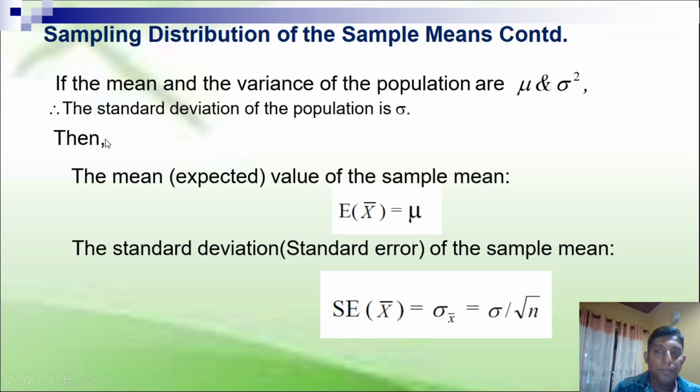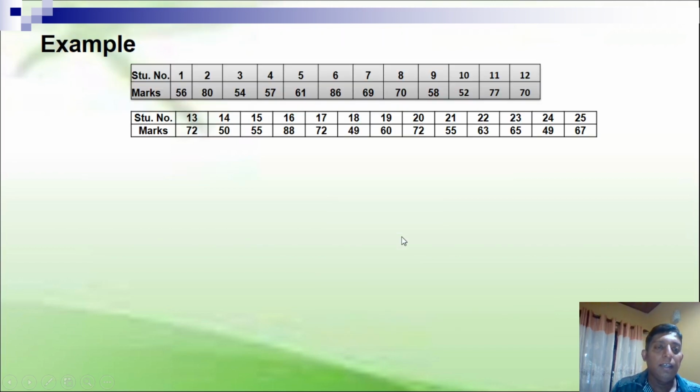Now when we go back to here, they indicate that the mean value of the sample means is just equal to the population mean mu. Therefore see the population mean mu. Here we just add all these marks values, 56 plus 80 plus 54 up to 67, the total marks obtained by 25 students equals 1607.